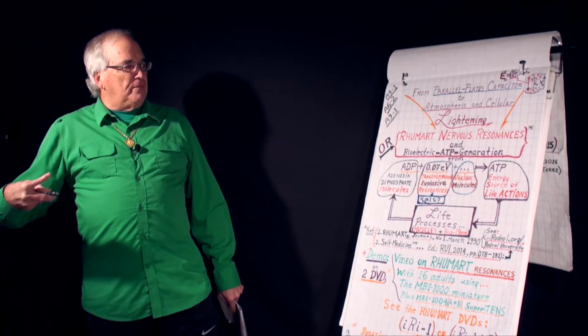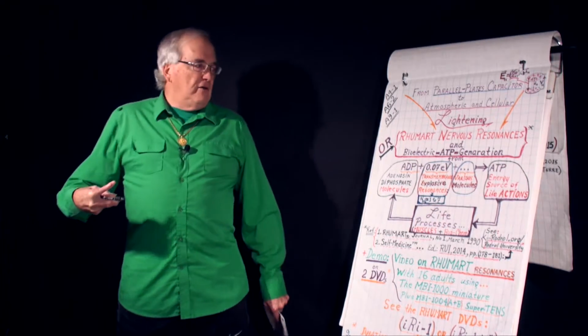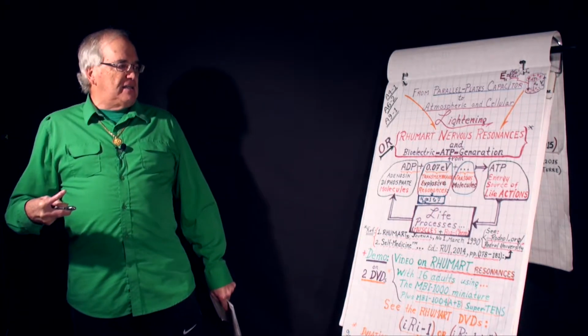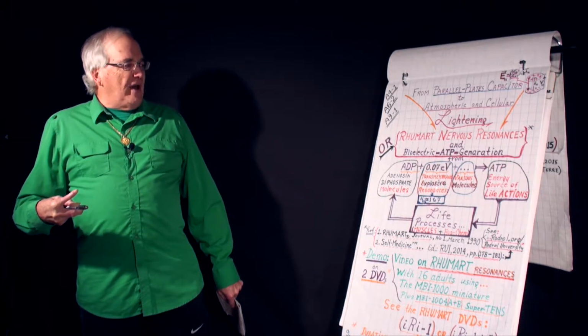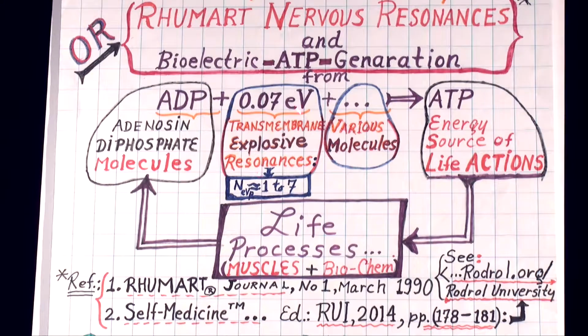Of course there are other molecules involved, but that's interesting to realize. For the first time, I've never seen this discussed anywhere, there seems to be a resonance between the nerve action potential energy and the different steps of energy required to produce ATP.